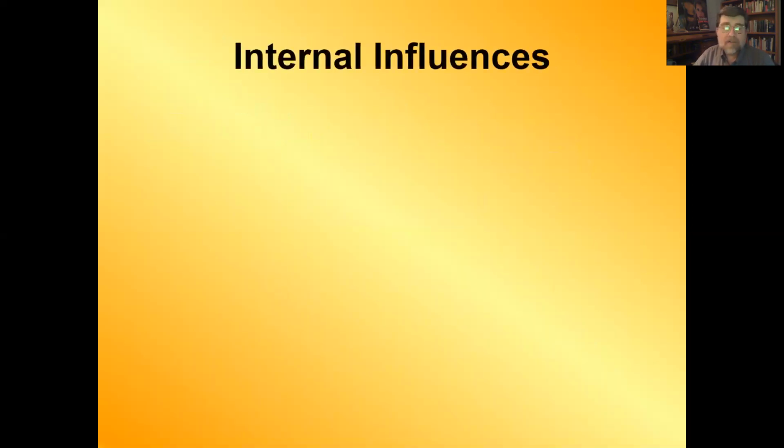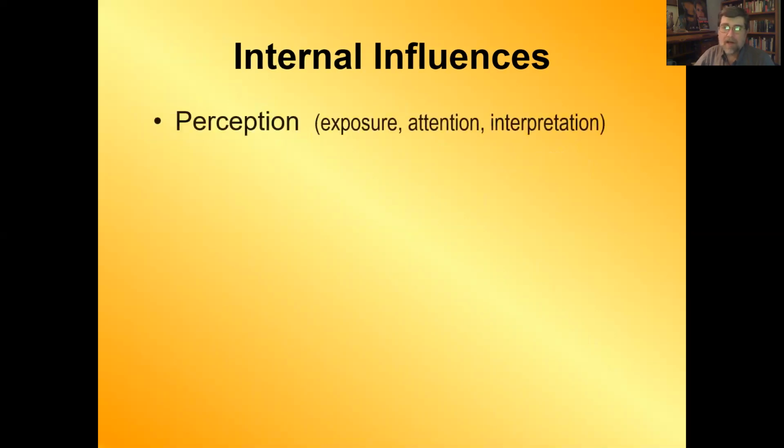There are all sorts of influences on what makes people buy things. Do people have a certain perception of your product? They need a certain amount of exposure for this. They have to pay attention, and then they have to interpret it in a certain way. And this is an internal process that we all go through. We're always trying to make sense of the world and to evaluate. Also, we just spoke about motivations, needs.